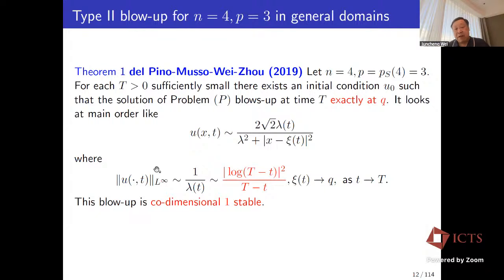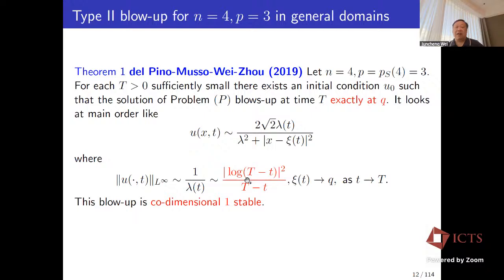The blow-up rate in L infinity is like log squared over T minus t, or the scaling lambda is T minus t over log squared. And this blow-up is almost generic, codimension 1 stable.